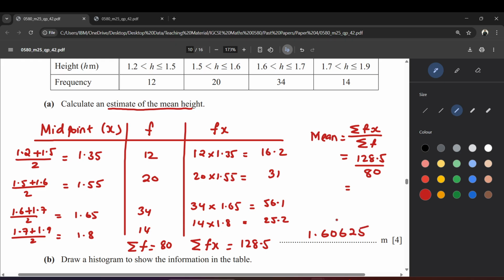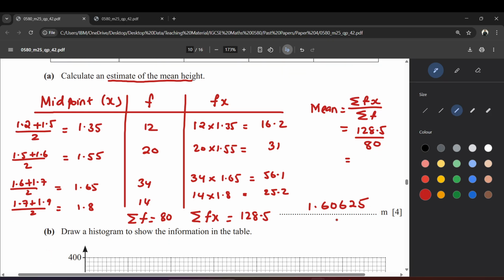Now look, this is an exact answer. If the calculator gives you an exact answer, you write the whole answer. You don't need to round it to two decimal places or 3 SF. If the calculator is giving you an exact answer, write that exact answer in its full form, unless the question asks you otherwise.